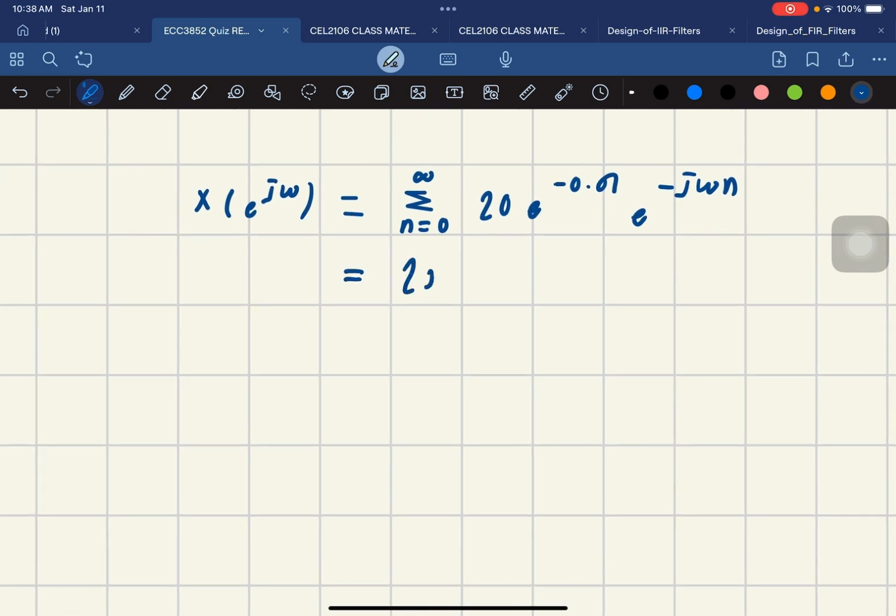Then we need to simplify. So the 20 will be on the outside, and this is what we get when we simplify.